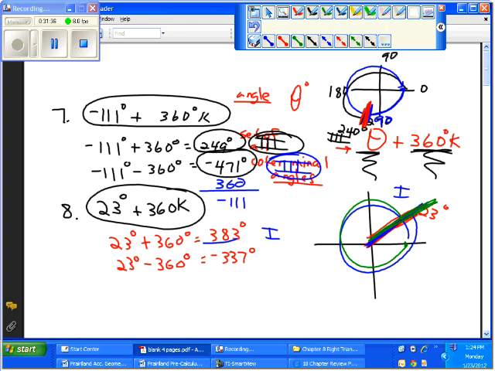Same terminal side. Still quadrant 1. Better be, huh? There we go. Any questions on finding coterminal angles? It's kind of weird that I missed that little piece. Thank you. Any questions on the first 8?